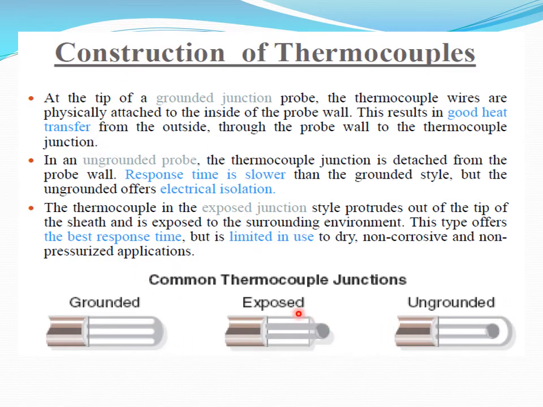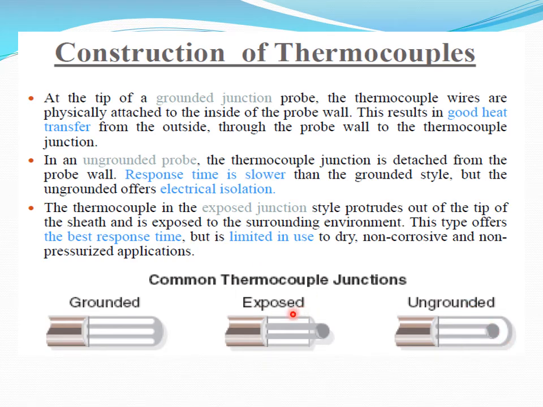Whereas in an ungrounded probe, the junction is not connected to the probe surface. Because it is not connected directly to the area you are going to measure, the response time will be slower in this ungrounded type.